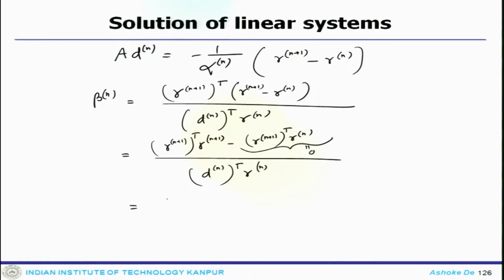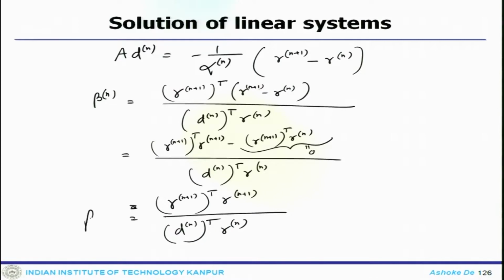So, this boils down to R n plus 1 transpose R n plus 1 divided by d n transpose R n. That is what one gets for beta.